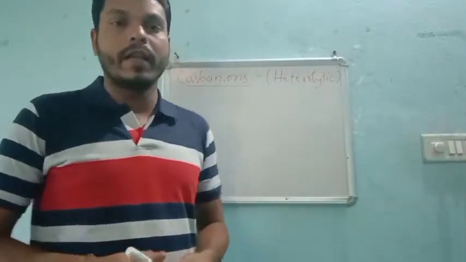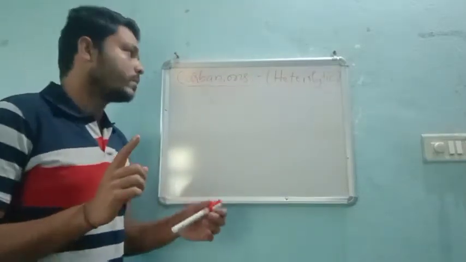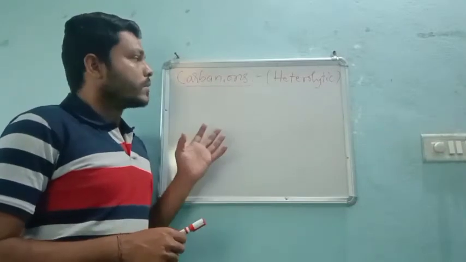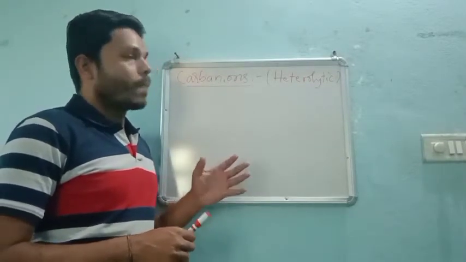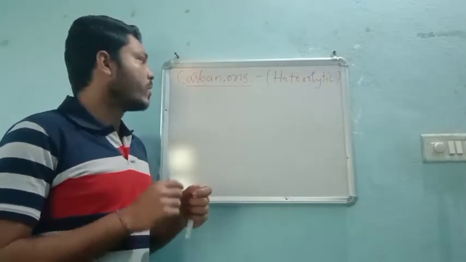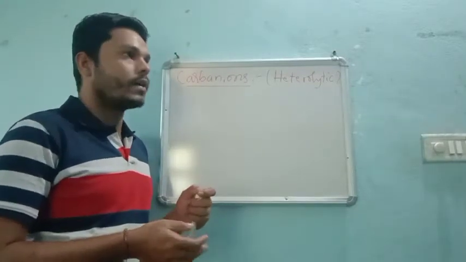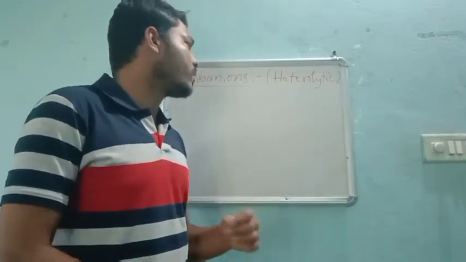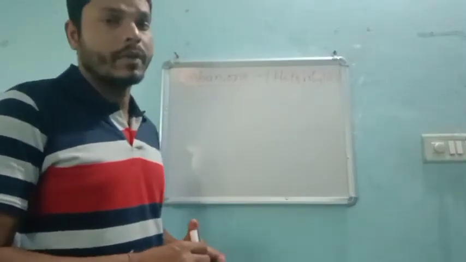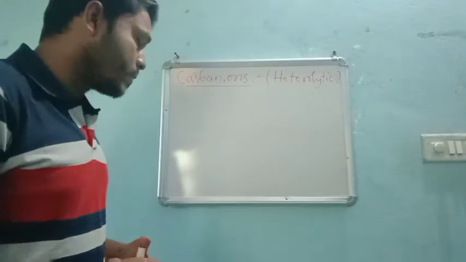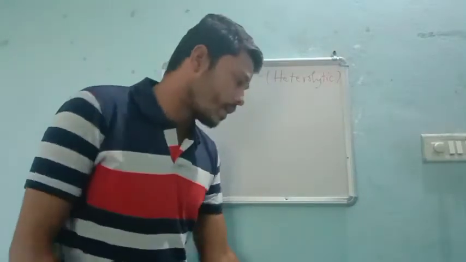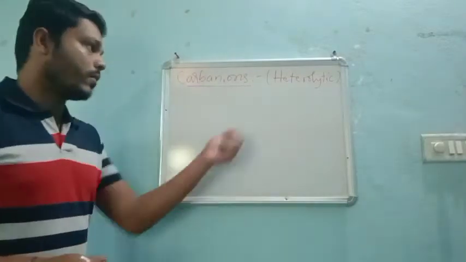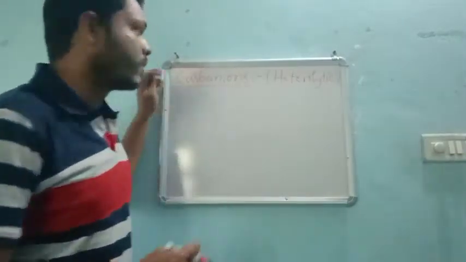But homolytic will not form the carbocation or carbanion, right? Heterolytic cleavage alone leads to the formation of ions. In the last classes on homolytic and heterolytic cleavages, I explained this clearly. So if you want, you can go through those classes again and again, and then you can understand this very easily.